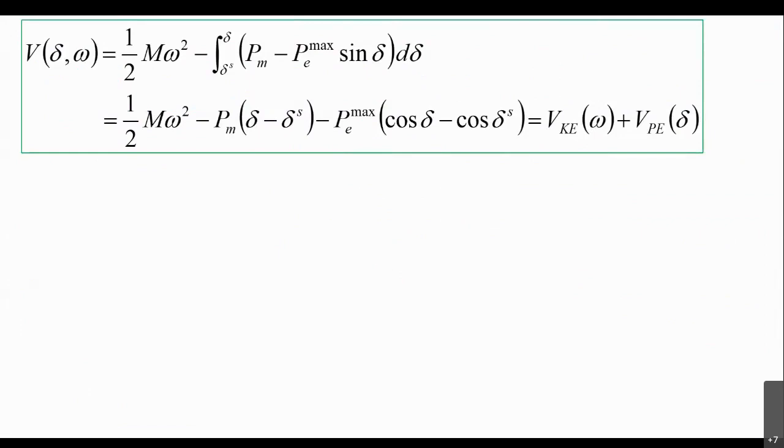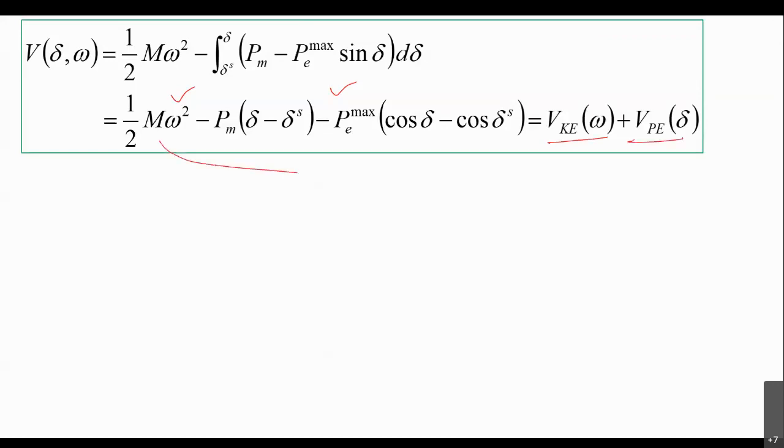So now after integration and substituting delta S and delta, I will get these two terms, half of M omega square minus Pm into delta minus delta S minus P max cos delta minus cos delta S. So this is in fact the energy function which can be segregated into two parts.